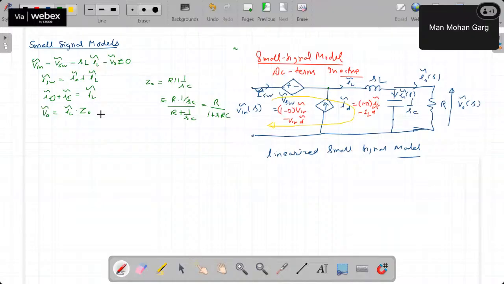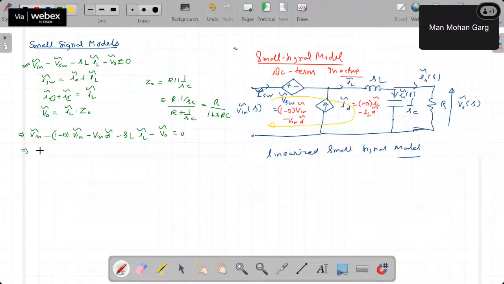Okay. Now let us simplify this one first. So from here, what we are getting, V in minus VSW, where VSW is 1 minus D, V in cap minus V in D cap. This is V in minus VSW minus SL IL minus V naught equal to 0. And from here, if you simplify this, the V in will go.